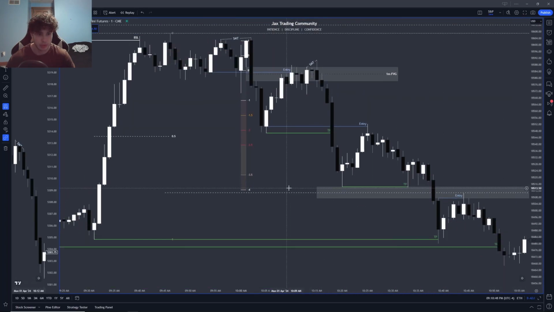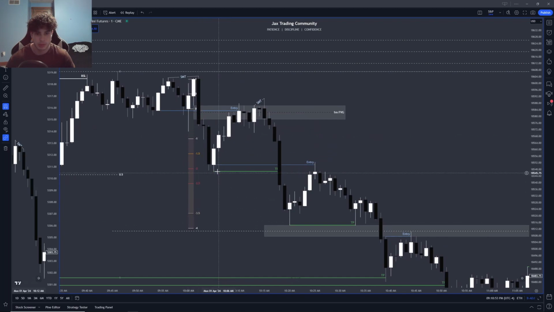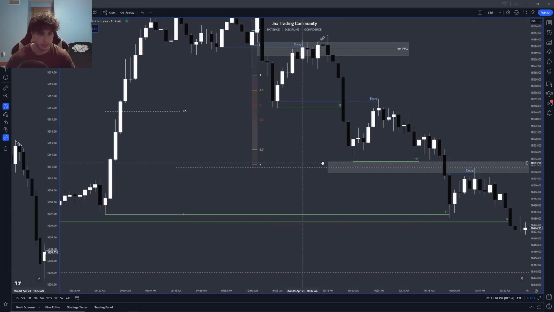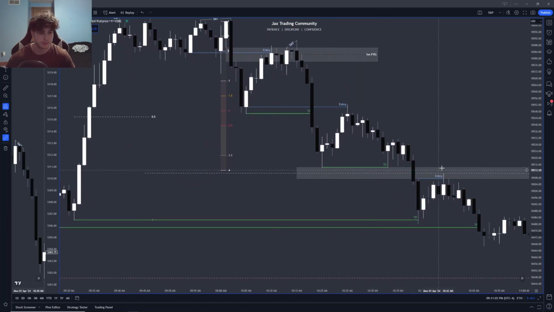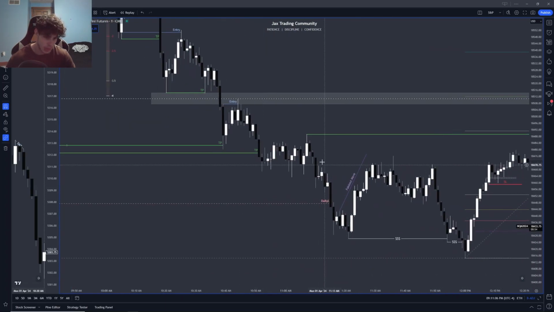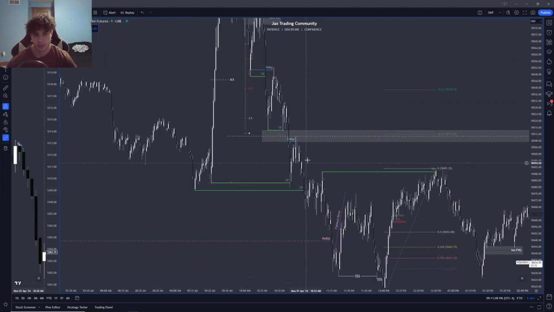Yeah, this may be a little more accurate, possibly, I'm not sure. We go down to this 2.5, rebalance back up, go into premium of this range, and then we head back lower to this -4 area. So it's a possibility.